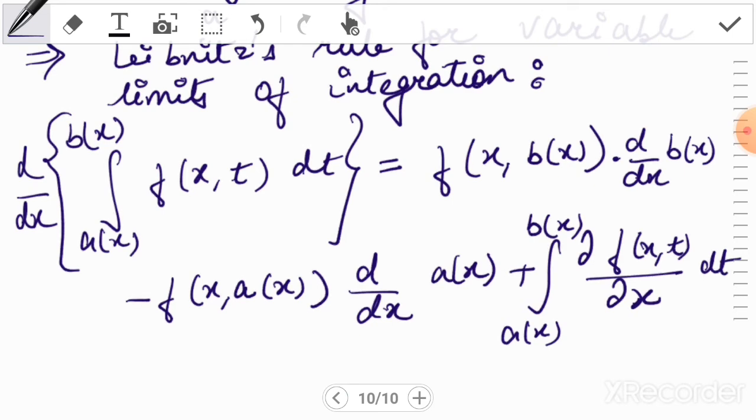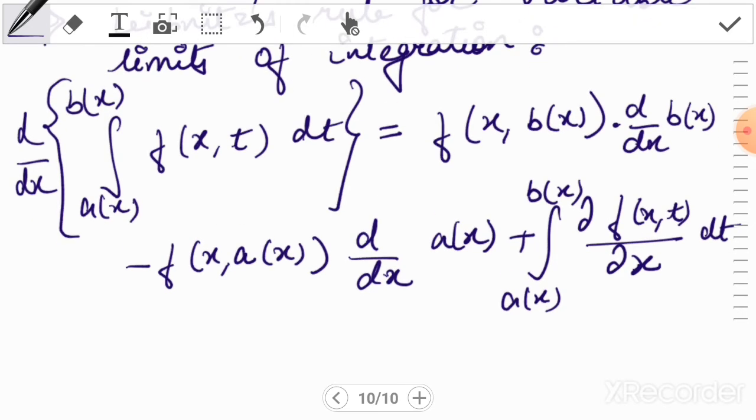Okay, where partial derivative indicates that in the integral only the variation of f(x,t) with x is considered in taking the derivative.